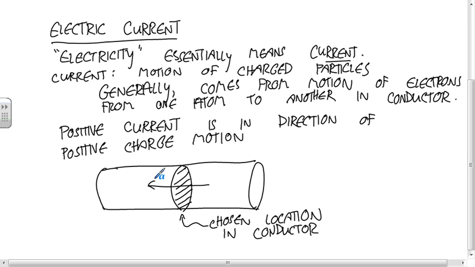This direction is the positive charge direction, which means this is the current direction. Even though it's electrons that are moving, you should think about it as the motion of positive charges, because that's just how the math works out.